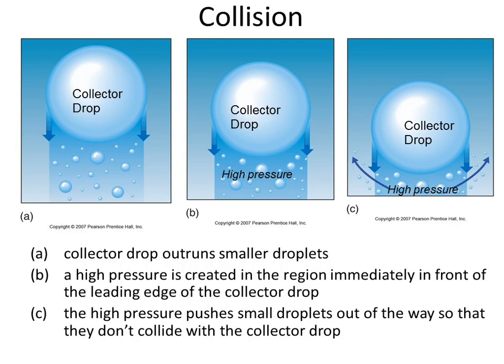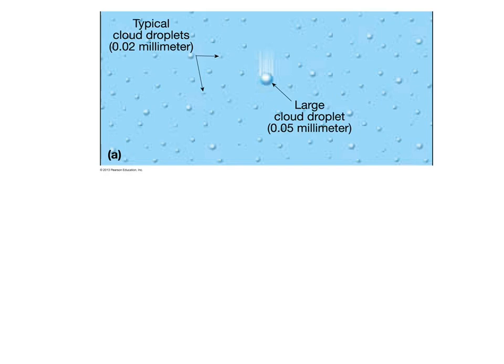So even though the collector droplet should be able to gobble up everything through collision and coalescence, it's really hard to collide with something when you're falling like that. Not impossible. It creates its own air mass, its own wind, going down, high pressure going down.